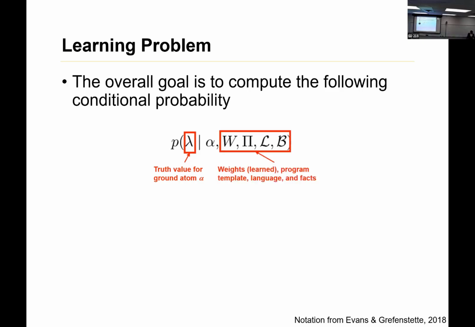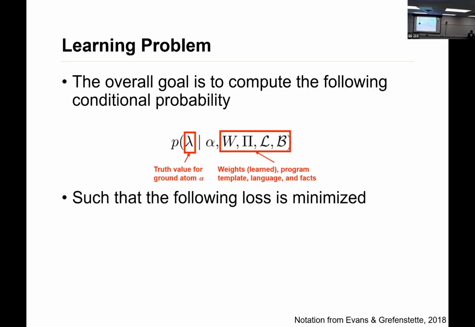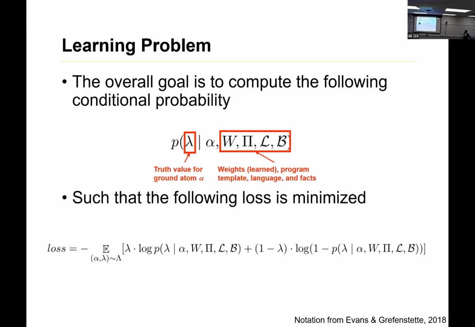So no big surprise there. And there's what those all mean. And such that the following loss function is minimized. And this is a cross entropy loss over the pairs of atom and value of that atom in the ground truth.